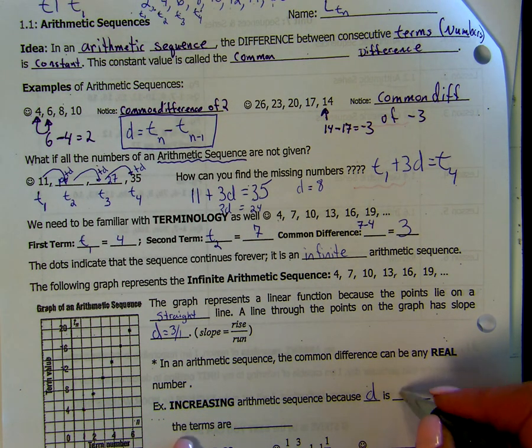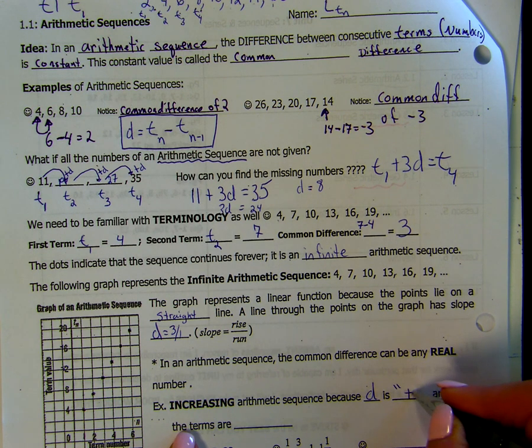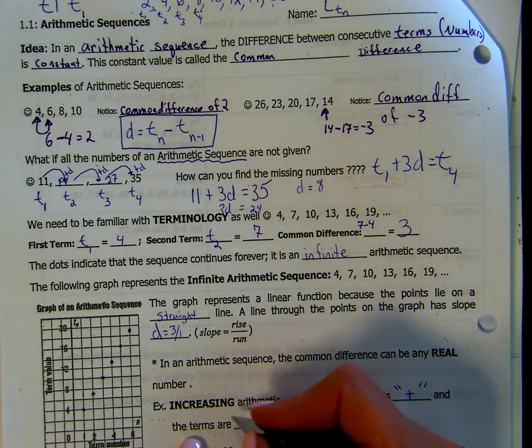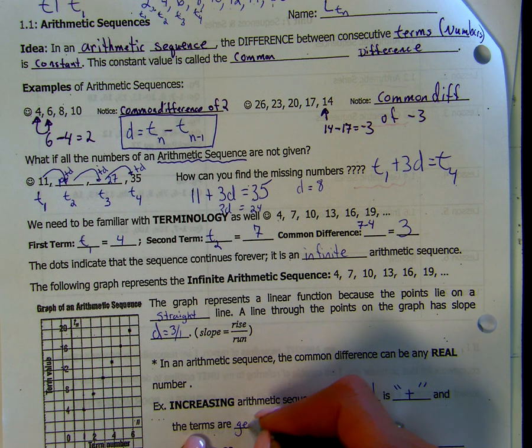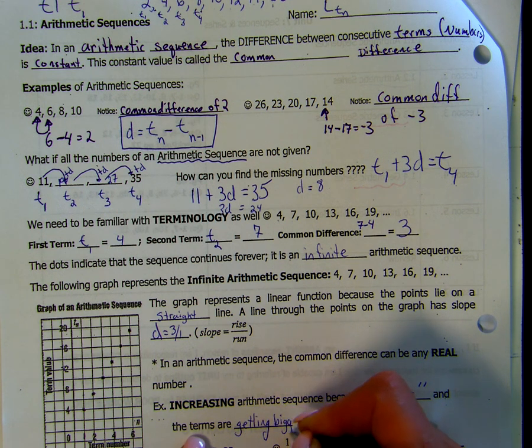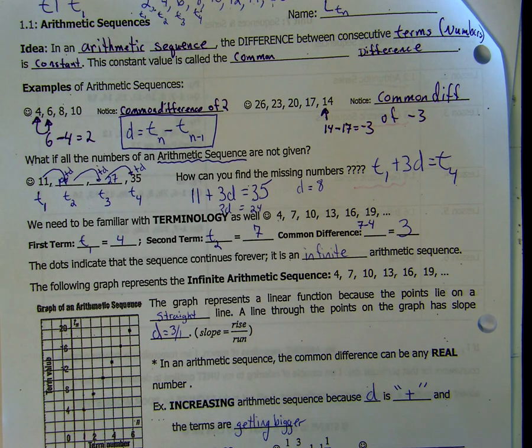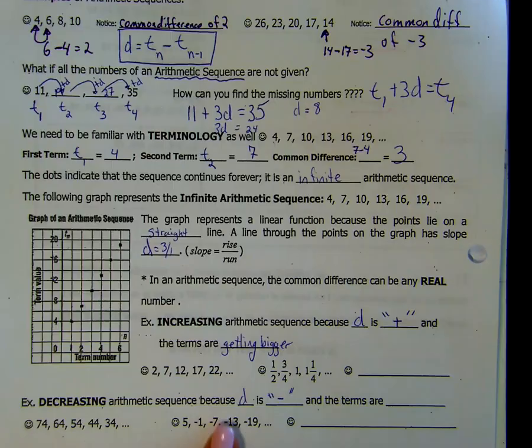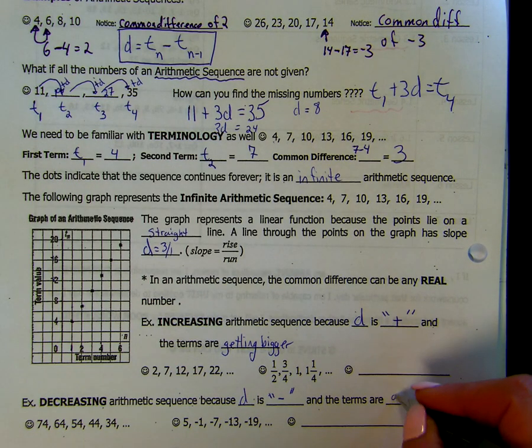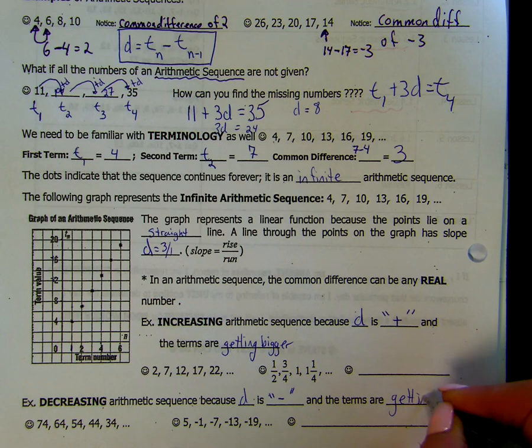We have an increasing arithmetic sequence if D is positive and the terms are getting bigger. You will have a decreasing arithmetic sequence if D is negative and the terms are getting smaller.